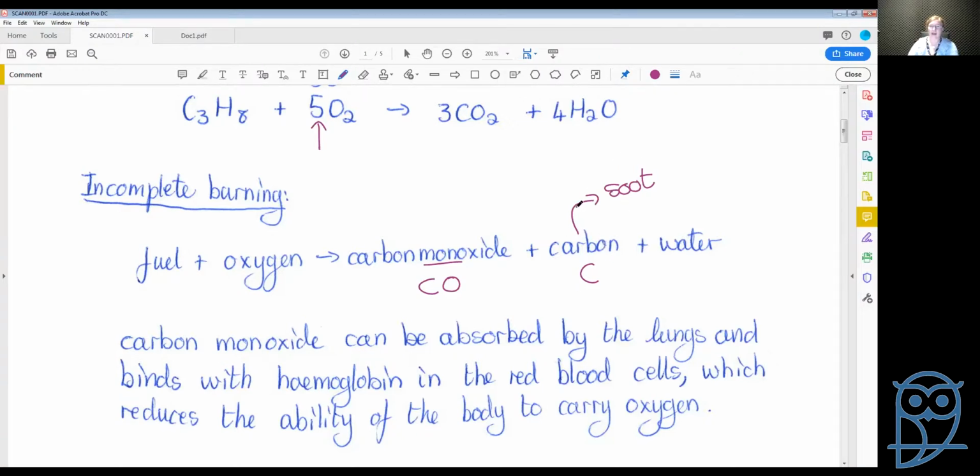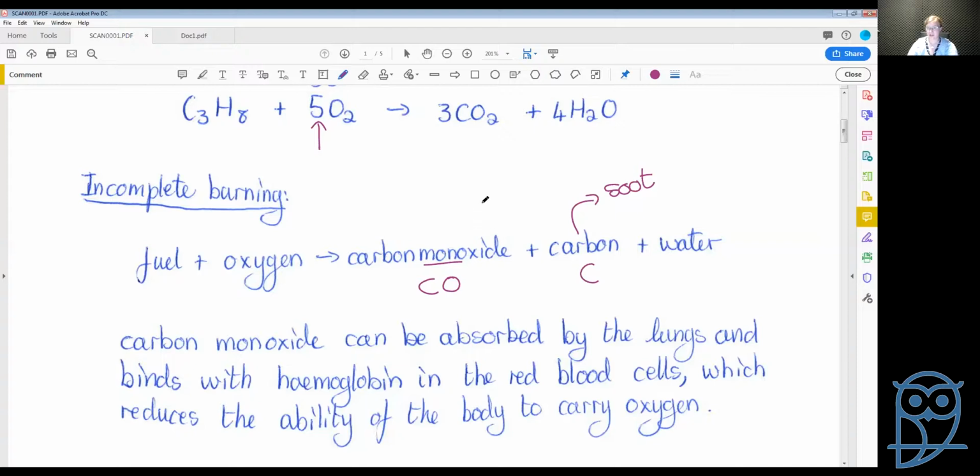And when you get that, it means that there is not enough oxygen going into this burning process. So we need quite a lot of oxygen in order to get carbon dioxide. If you have less oxygen, then you end up getting carbon monoxide or carbon monoxide and carbon, or some combination of these 3 things, carbon dioxide, carbon monoxide, and carbon. Okay.